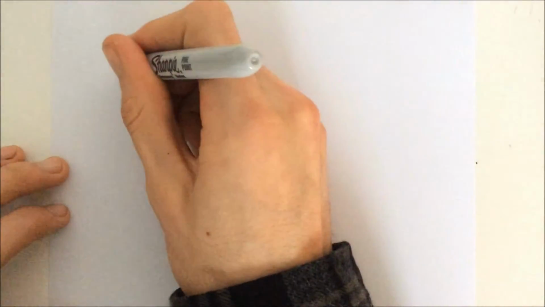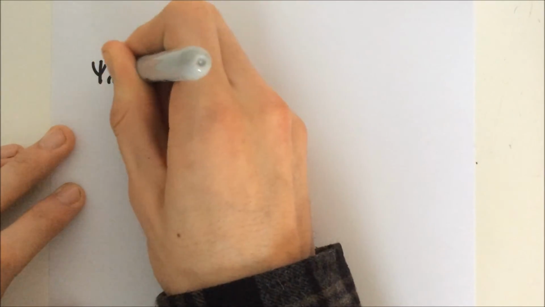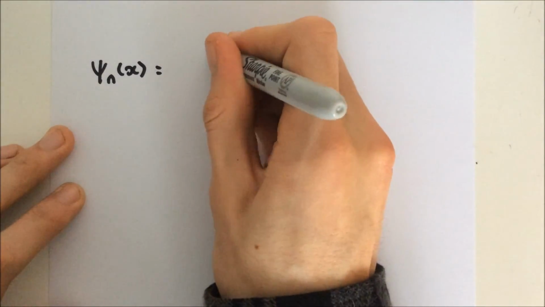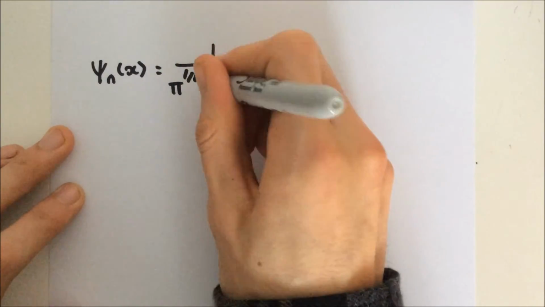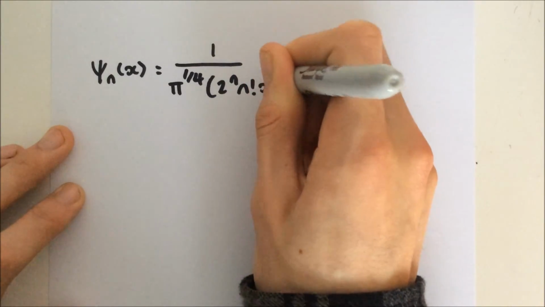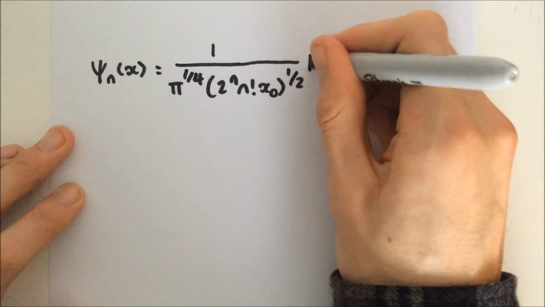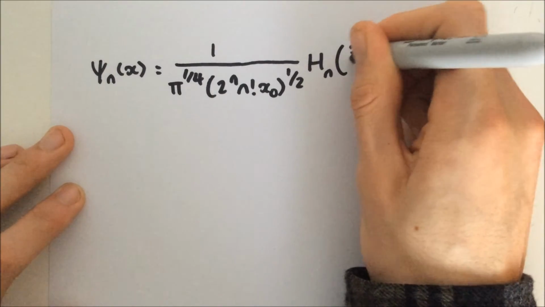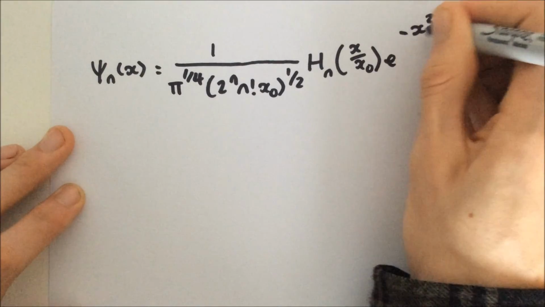Therefore, we can say that the wave function psi n(x) of any state is equal to 1 divided by (pi to the quarter multiplied by (2^n n! x naught) all to the power half), then we have our Hermite polynomial, which in total looks like this.